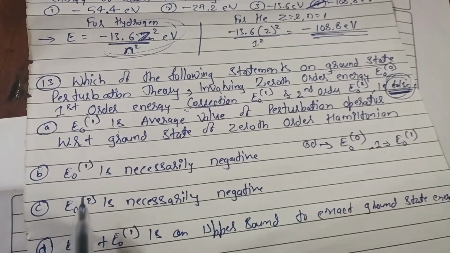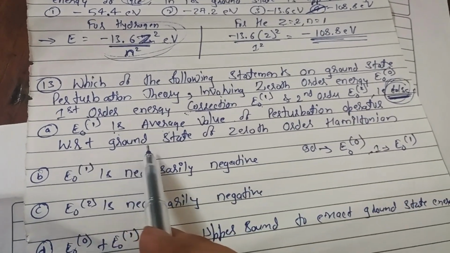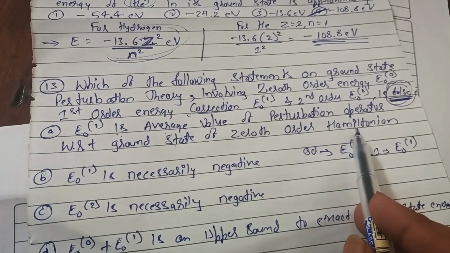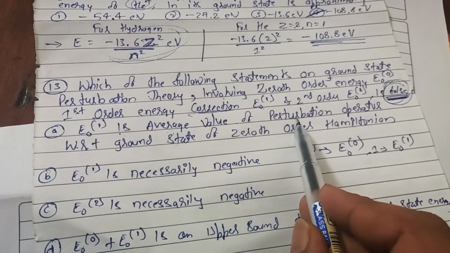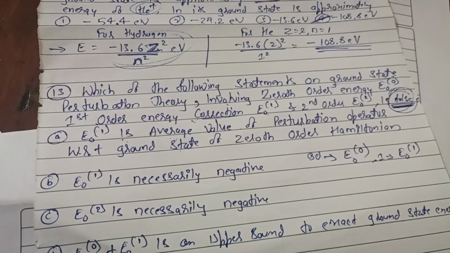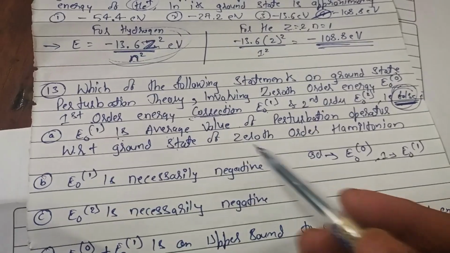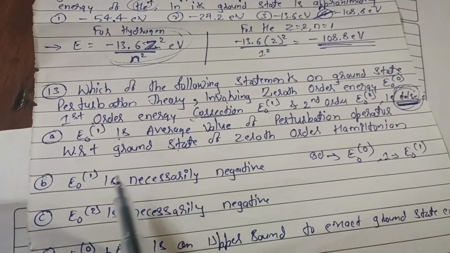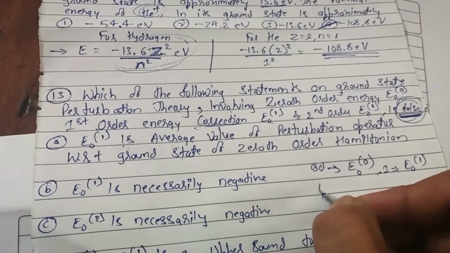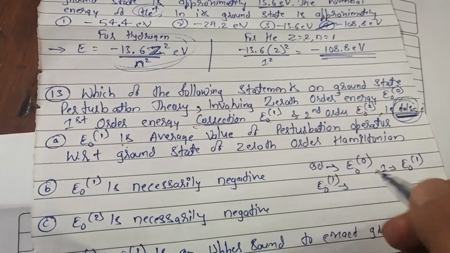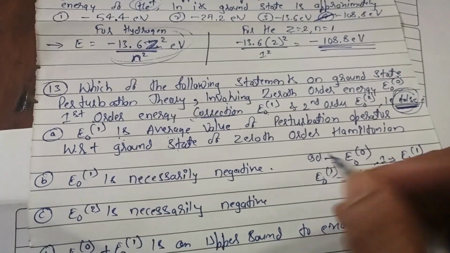The options are: E naught 1 is the average value of the perturbation operator with respect to the ground state of the zeroth order Hamiltonian. This will be correct, because it is giving the average value. Next, E naught 1 is necessarily negative; they are telling it has to be negative, not positive.